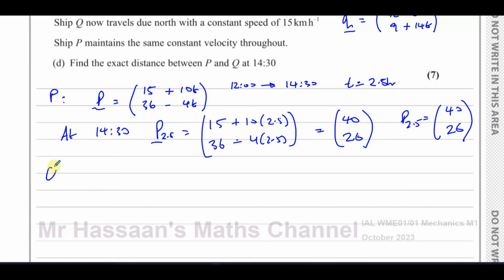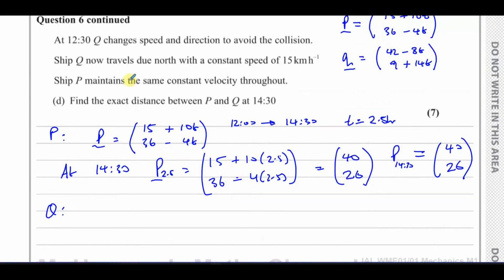I'll call this P at the time 14:30. As for Q, Q is going to go until 12:30 on this course, 42 minus 8T in the i direction and 9 plus 14T in the j direction, so that's for 0.5 hours.